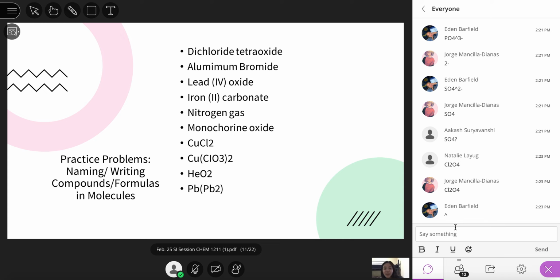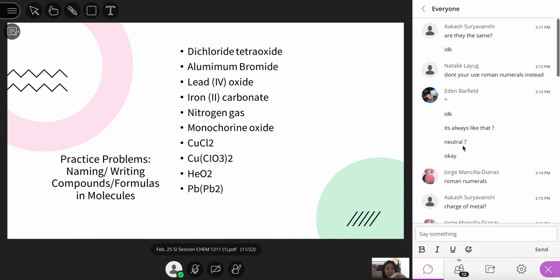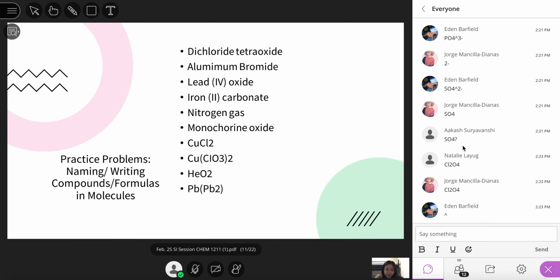Okay, so you are correct, but you have to simplify it. Because on the test, they don't write Cl2O4, they just say ClO2. You have to simplify it. Yeah, so I'm just going to write that out. Cl2O4 goes down to just ClO2, because they always use the simplified form.